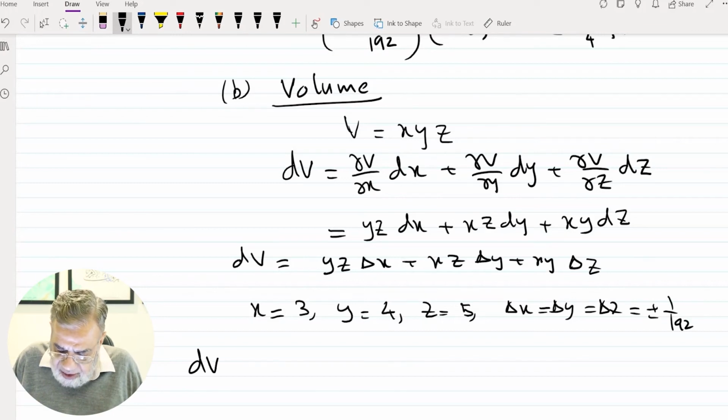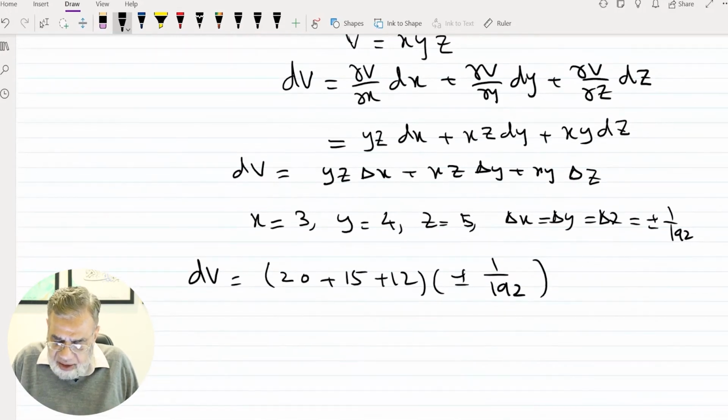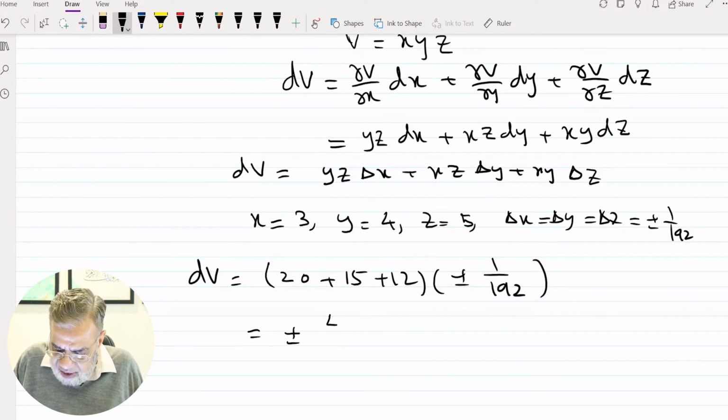So I can get here my dV is equal to yz is 20 plus xz is 15 plus xy is 12, into plus minus 1 over 192, because delta x is equal to delta y is equal to delta z, we take common. When we calculate it, we get 47. The answer is plus minus 47 over 192 feet cube.